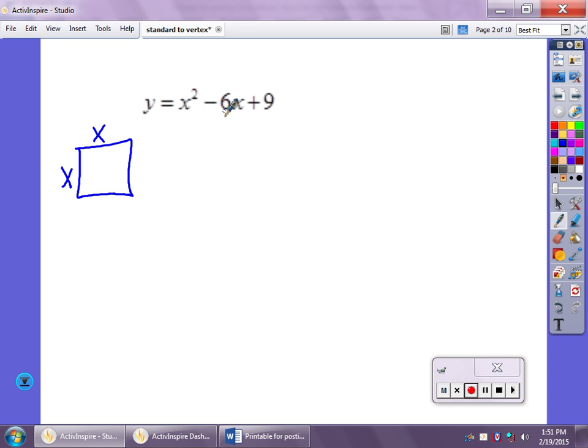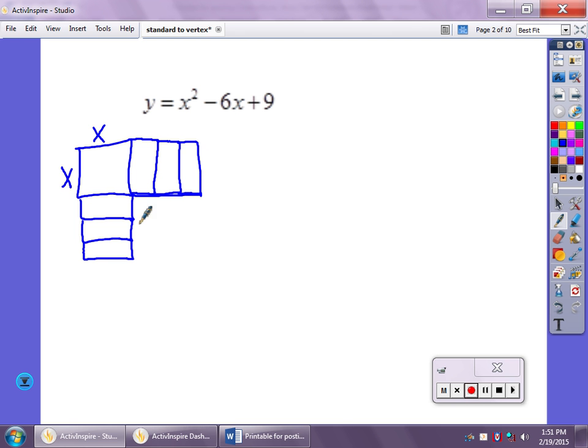And then I'm going to add the 6x pieces one at a time. So there's 1x, 2x, 3x, and then we have 4x, 5x, 6x.